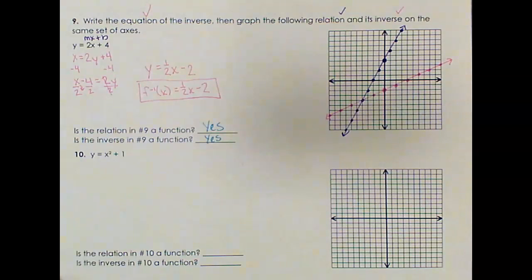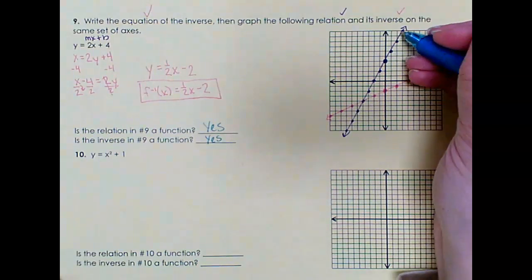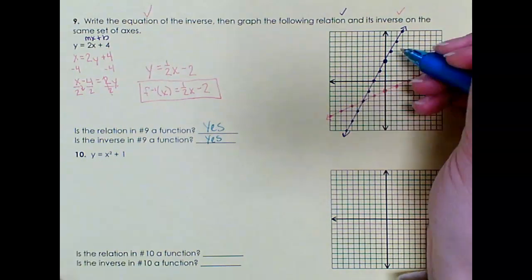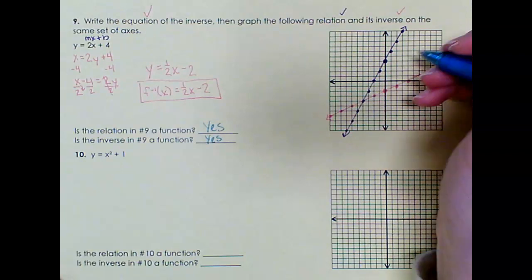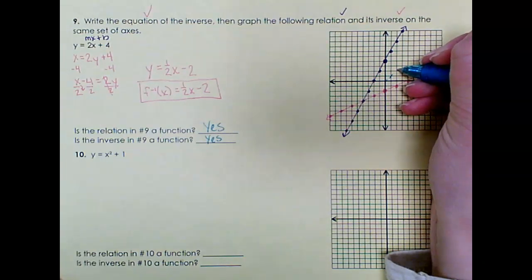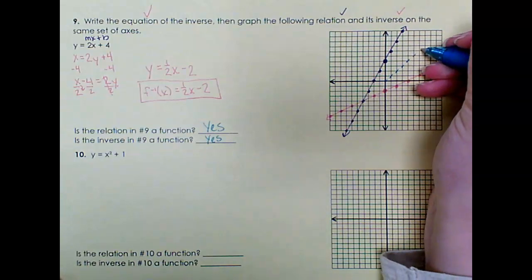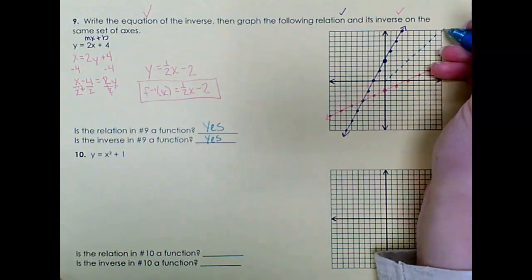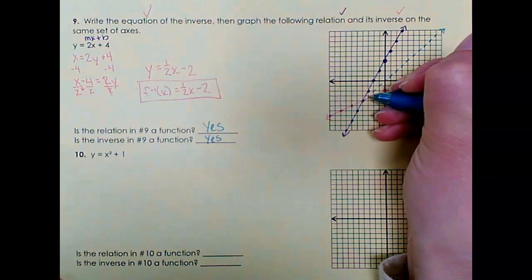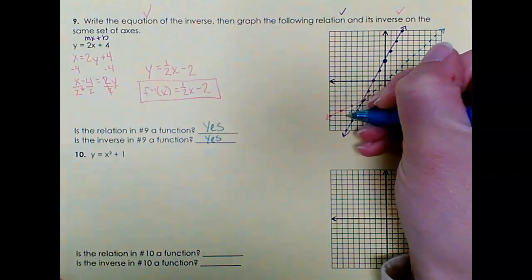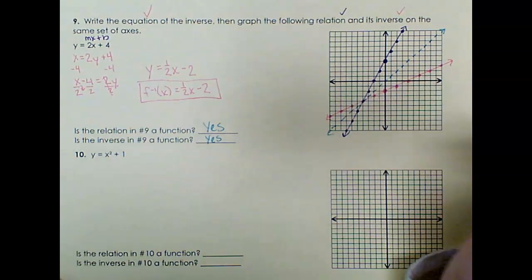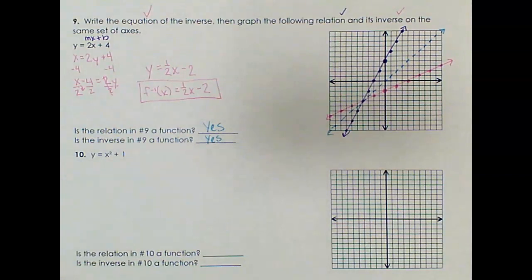And you'll notice that when you have the purple and the pink graph, the original relation and the inverse, it is a reflection over the parent function, y equals x. Perfect.